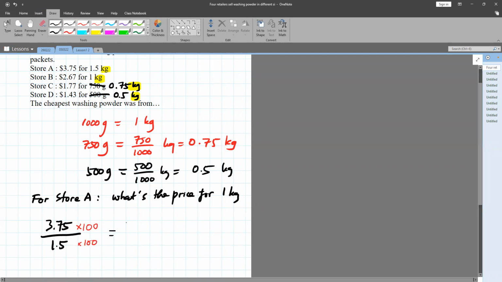Now what you have here is 375 divided by 150. So when you have 375 divided by 150, what's the next step? I can times 150 by 2, and that's 300.